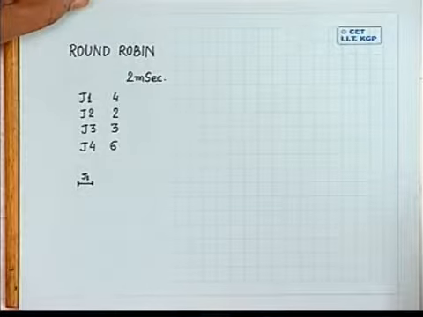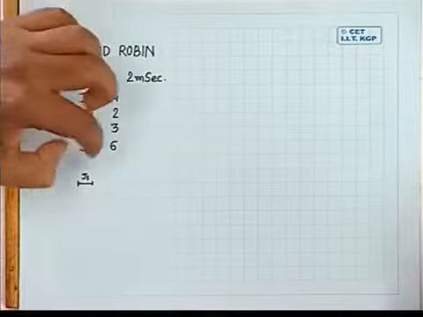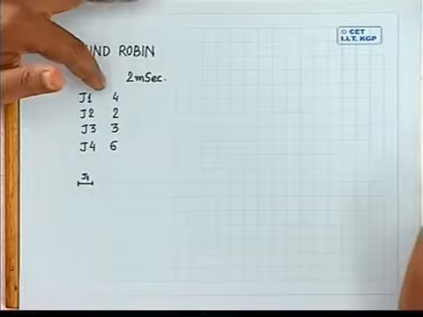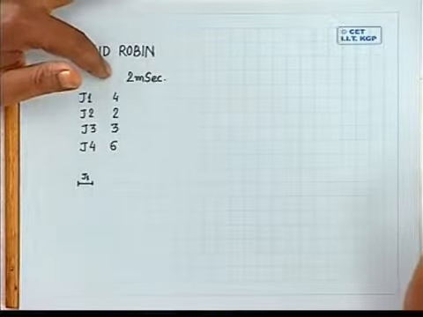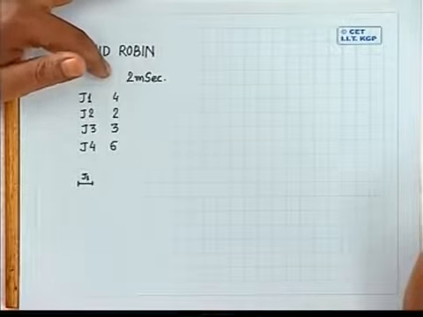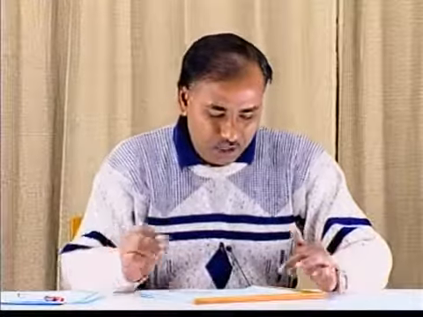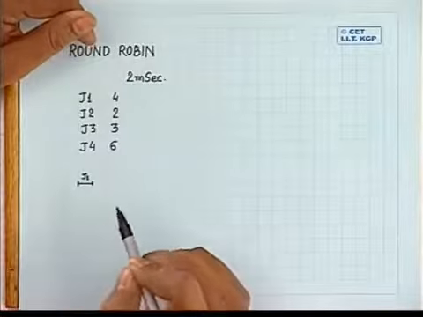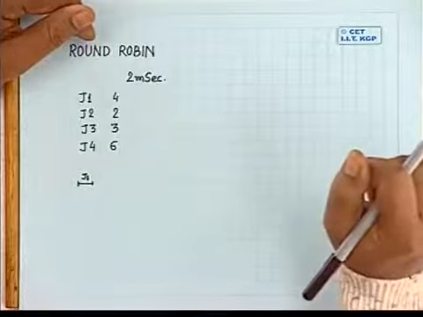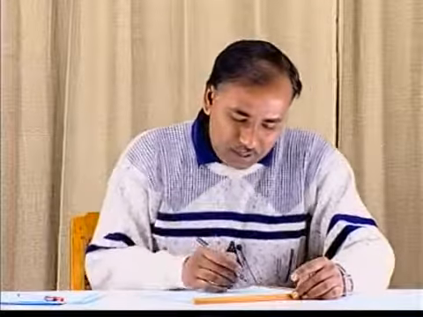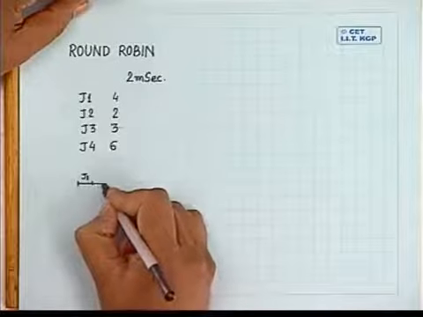After this 2 millisecond quantum, because one quantum is complete, job J1 will be forcibly terminated, though its CPU burst is not yet complete. The CPU burst time requirement is 4 milliseconds, but it has been executed for 2 milliseconds. So after 2 milliseconds, job J1 will be terminated. It will be pushed back into the ready queue with the remaining CPU burst time of 2 milliseconds. Then the CPU will be given to job J2.